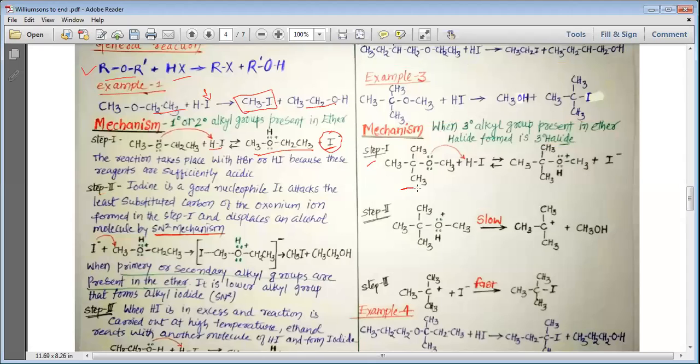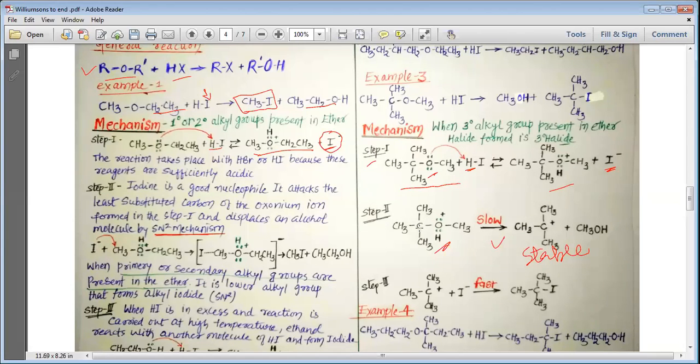So if we have a tertiary alkyl ether, the electron present on the oxygen of the ether attacks hydrogen, and we get the oxonium ion or protonated ether and iodine. Now in the second step, you can see that this oxonium ion in a slow process makes a stable tertiary carbocation.